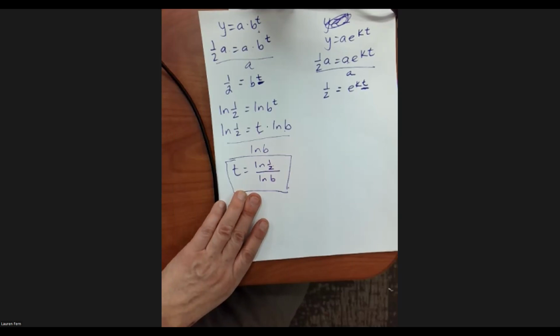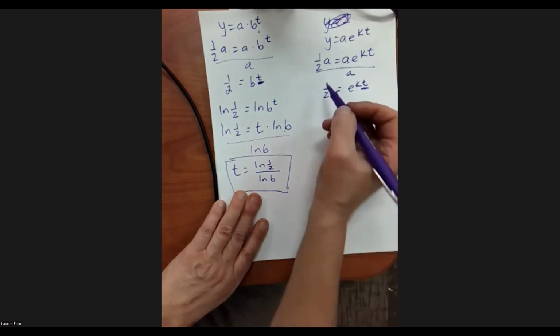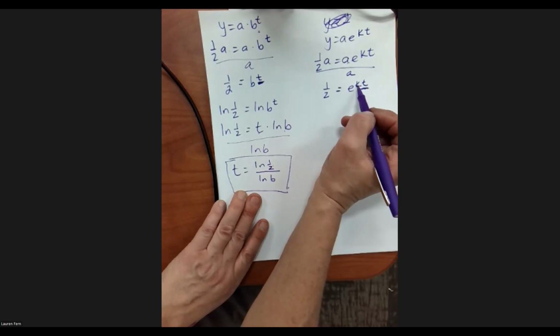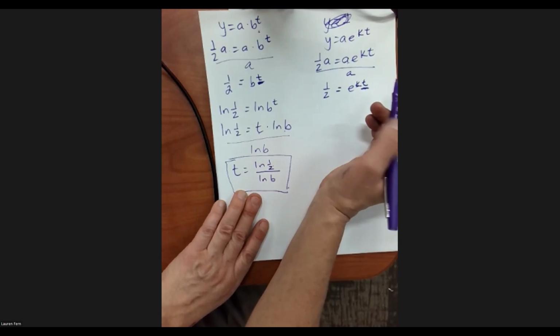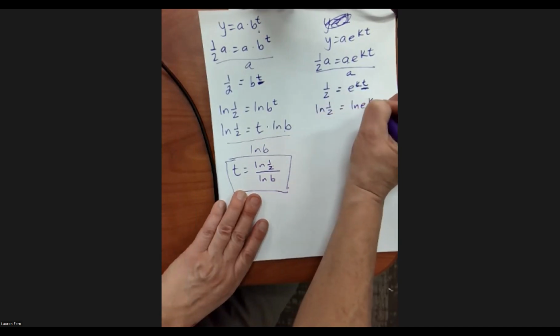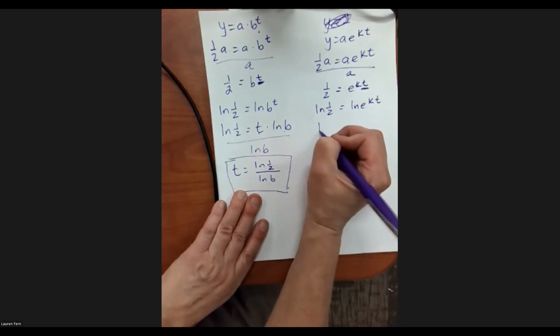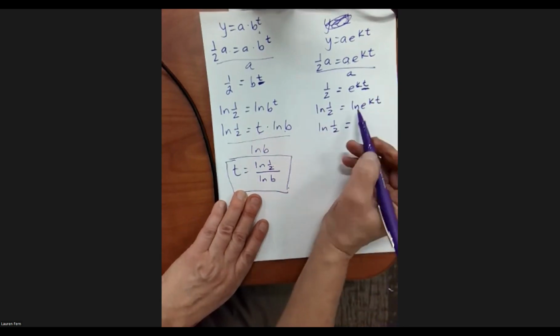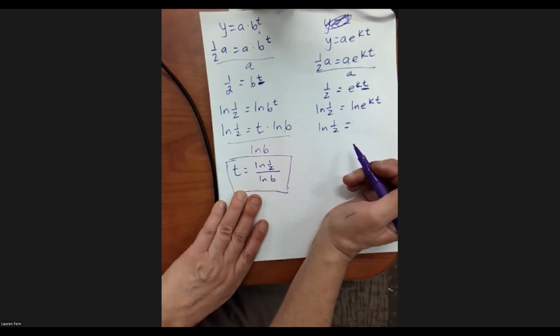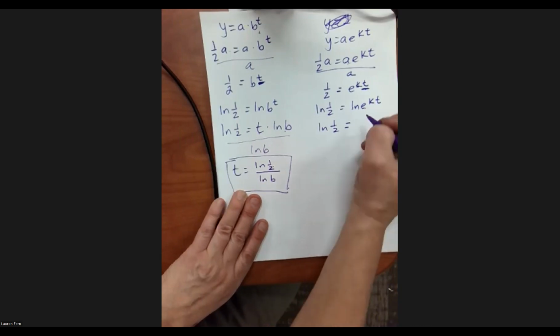Now we'll do specific examples. Over here, we can also solve for t. Now remember, k is some constant that's known. We know it's negative, okay? But you can take the natural log of both of those guys. And on the left, we get the natural log of 1/2. What's the natural log of e raised to a power? They cancel out.